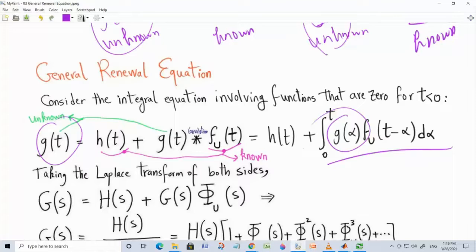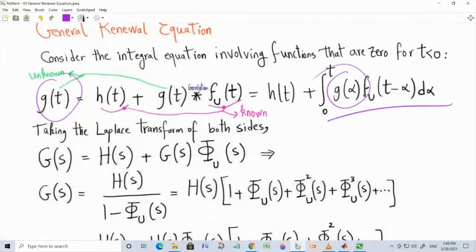So we don't know this guy, which is also involved inside the integral. Okay, and you know this from previous courses: one of the motivations for the Laplace transform and Fourier analysis is to take a differential or integral equation and turn it into an algebraic equation. So this is the trick. g of t has Laplace transform g of s, h of t has h of s, convolution becomes a product, and the Laplace transform of f_U is phi_U. Then you have algebra now.